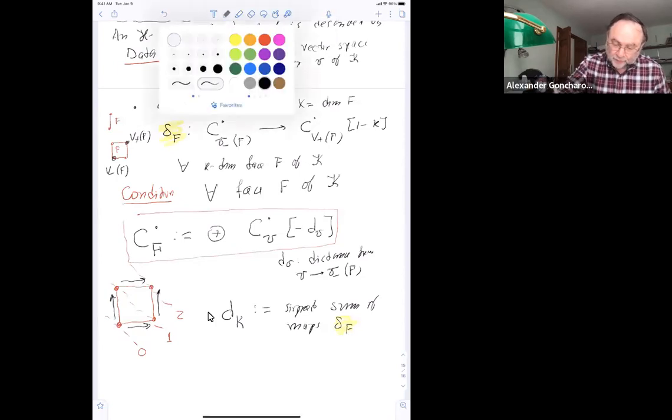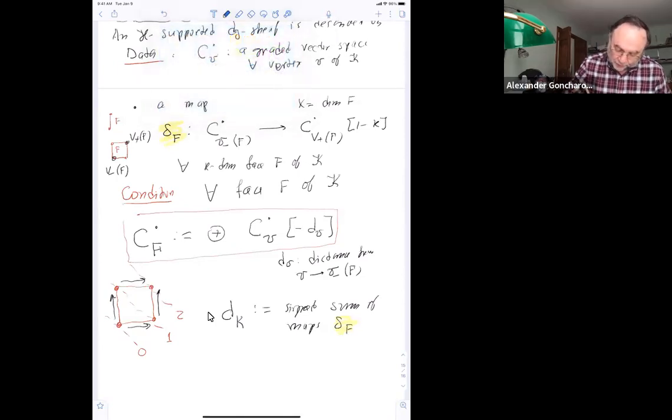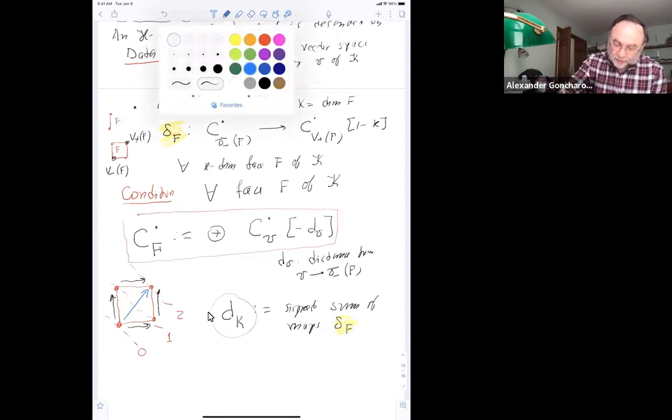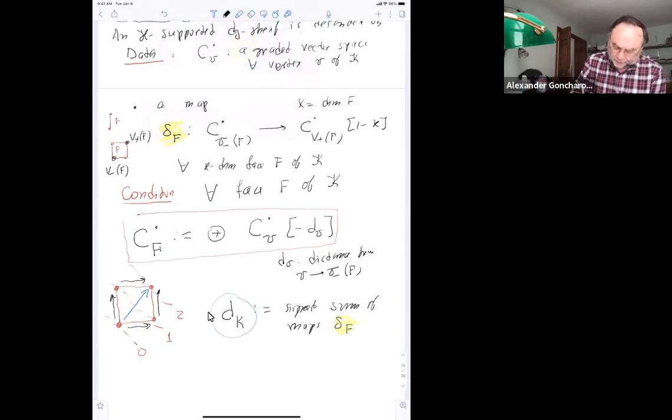And most importantly for us, we have a differential which goes this way. We put all of them together to make this map d_K. And now we require that, first of all, d_K squared is 0. And if this is the case, we say that we have this DG sheaf. So that's the notion of a DG sheaf.